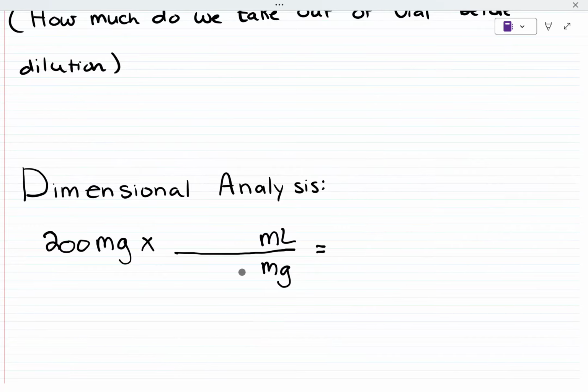If you go up to the problem, it says we were using a vial with a concentration of 800 milligrams per 20 milliliters. So you put 800 milligrams on the bottom and 20 milliliters on top. You do not put 20 on the bottom and 800 on the top because there's no way you're going to get rid of the milligrams. And then this has a 1. As you can see, the milligrams disappear and the milliliters is our final unit.